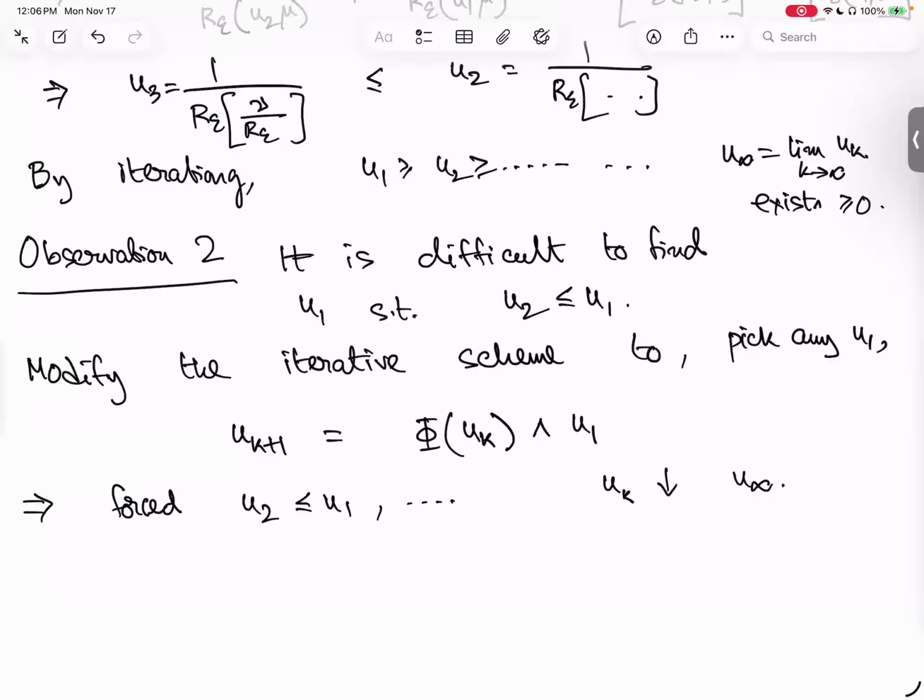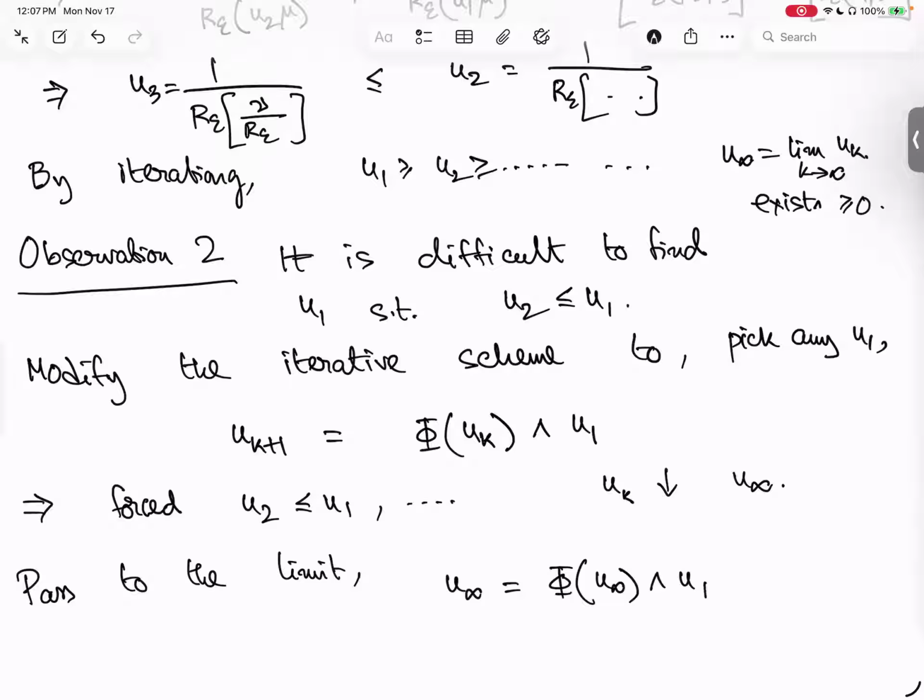And the next thing is this lemma, which we get. So when you pass to the limit, you get that u star, or rather u infinity, which is the minimum of phi of u infinity and u1, must be smaller than phi of u infinity.